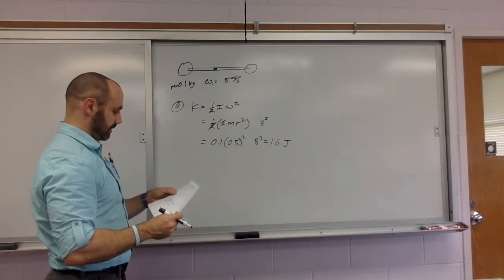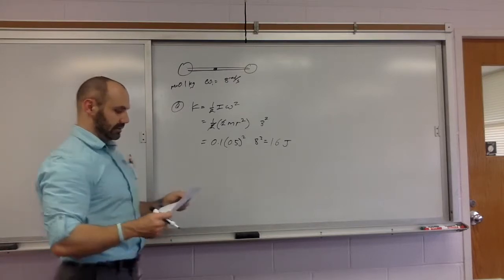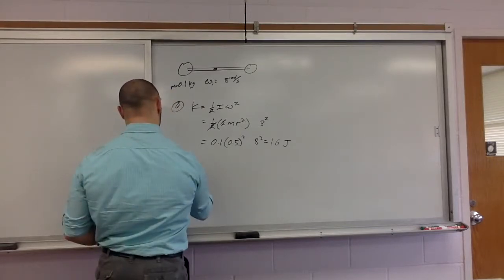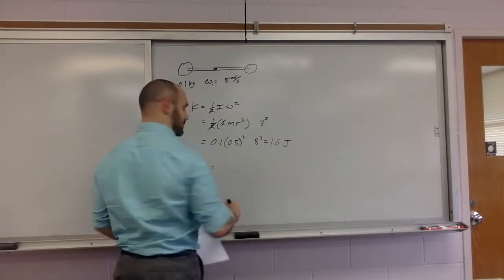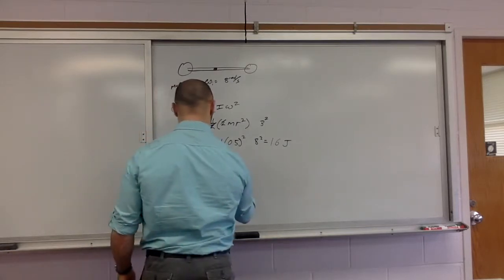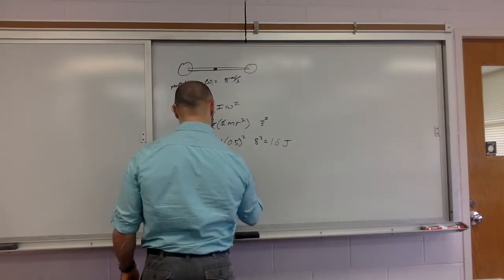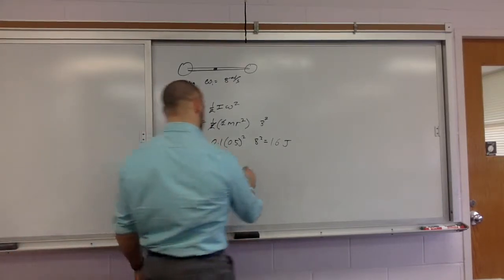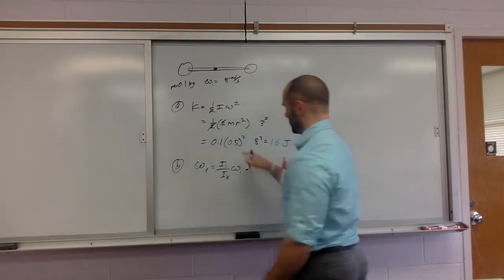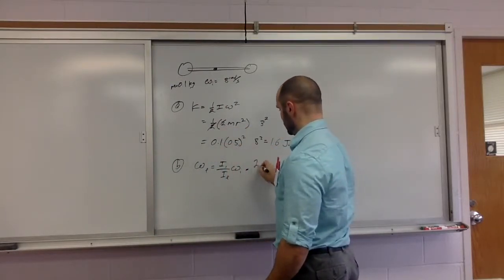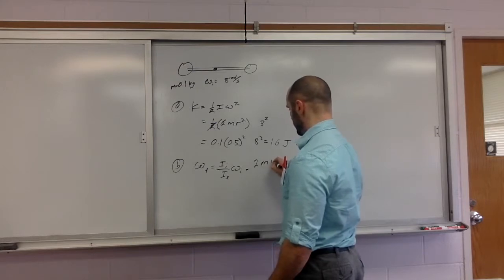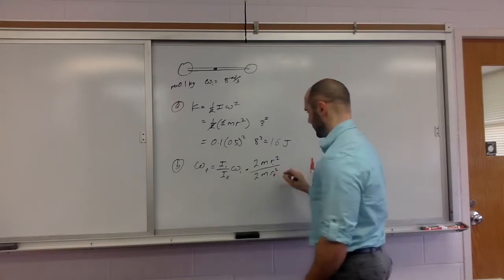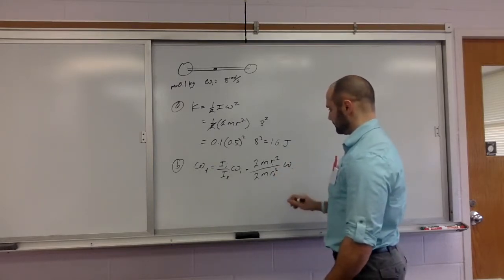Okay, and then B, I want to know what is the new angular speed at the end once it's been pulled in. And so I know omega F, as I saw it in the other problems, is going to be I initial over I final times omega initial. That's just conservation of angular momentum. And so it's going to be, because I've got 2 masses, mr squared initial over 2 mr final squared times omega initial.